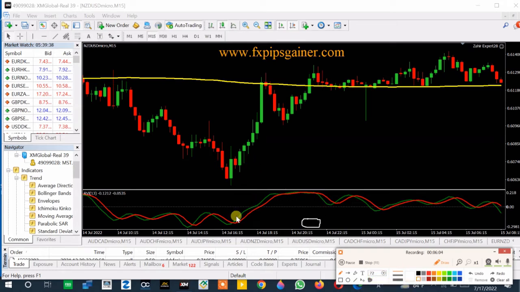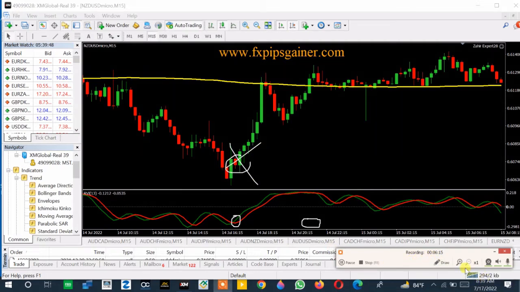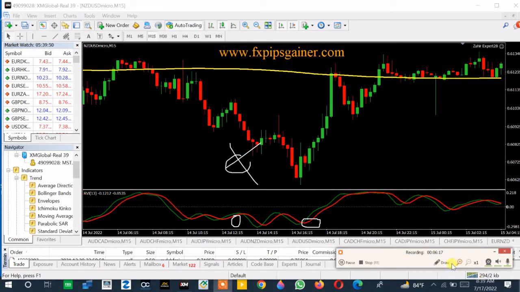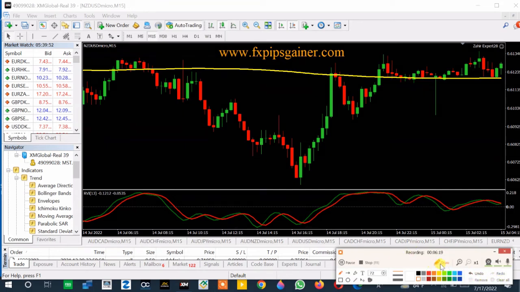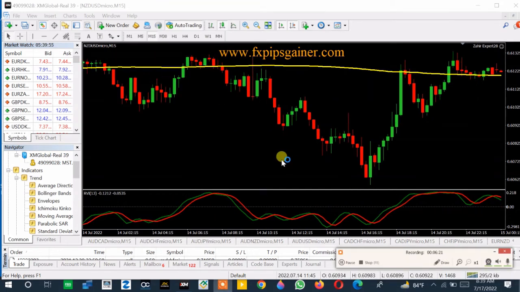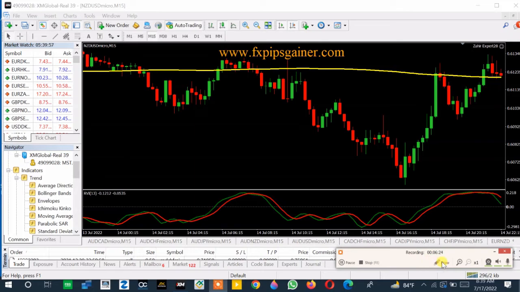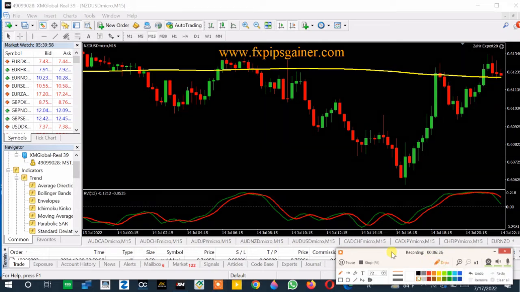Could we make any entry in this area for buy? No, because the market is lower than the 200 EMA, so it is not valid. But here is another good entry point, a sell signal.